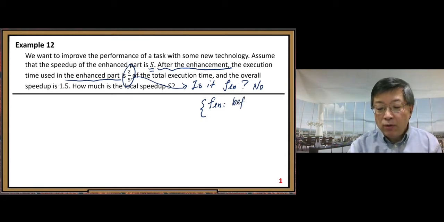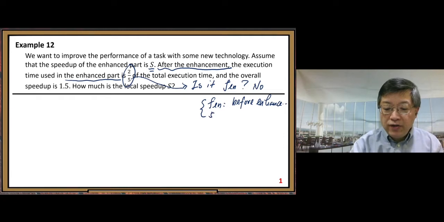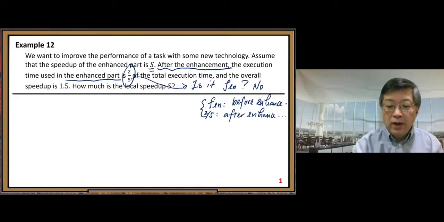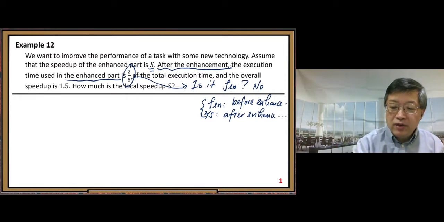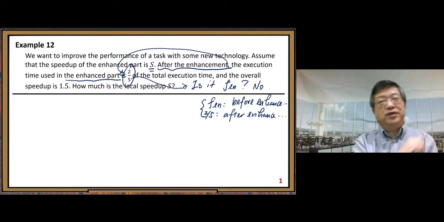Before enhancement. Right? This 2/5 is after enhancement. So that's why I draw this after enhancement. They are different. Very easy to get confused.